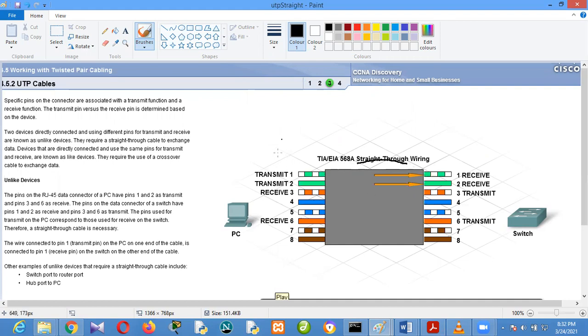If one end is A and the other end is A, we call it straight through cable.